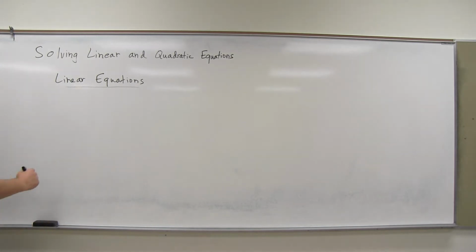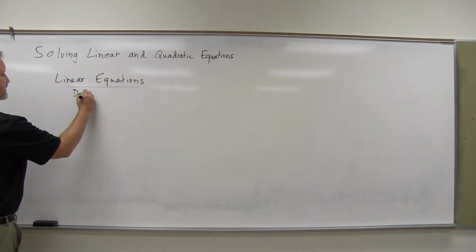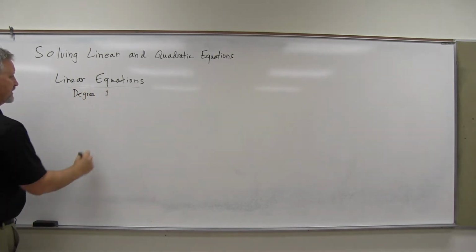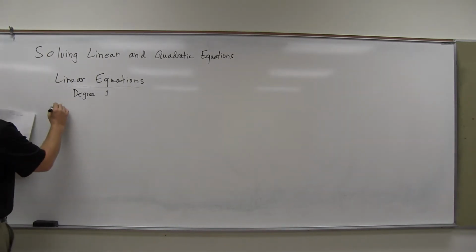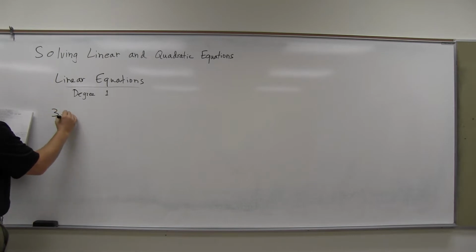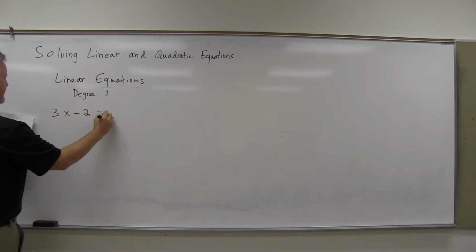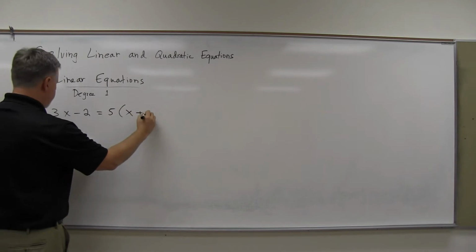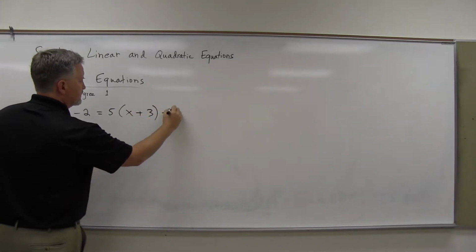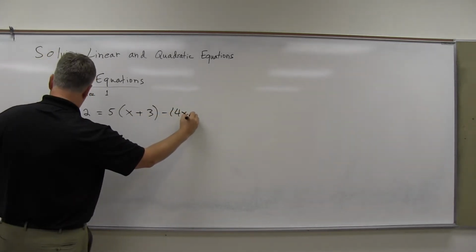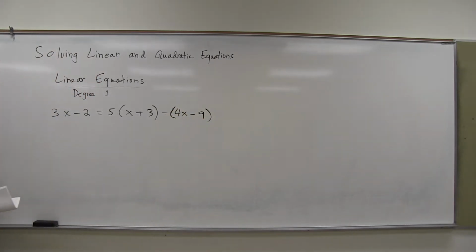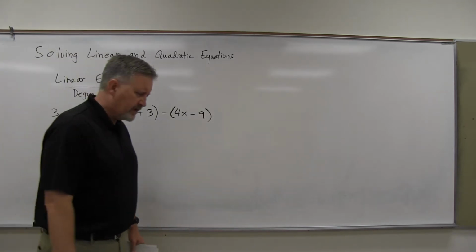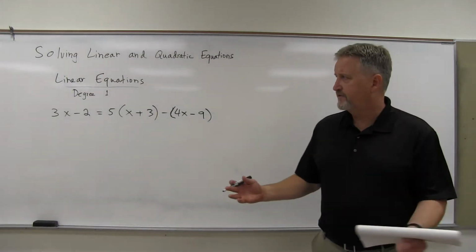So we have degree 1 equations, is another way to think of this. So let's just start here and look at one. Maybe not the simplest one, but it gives us a couple of things to talk about and remember.